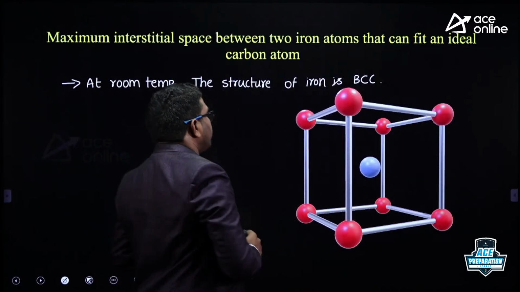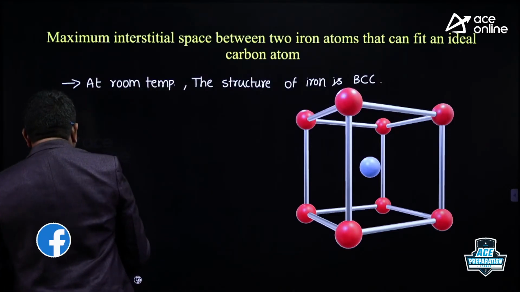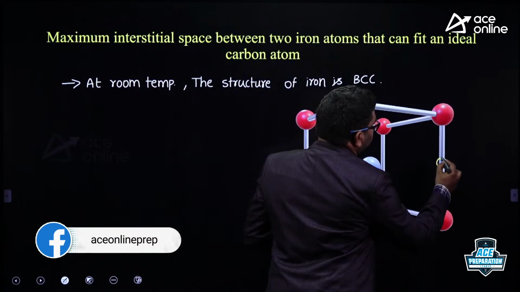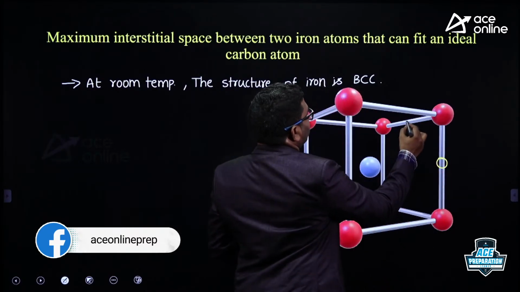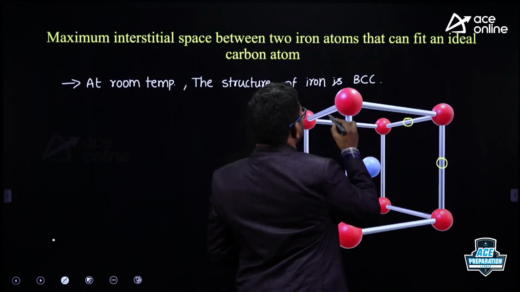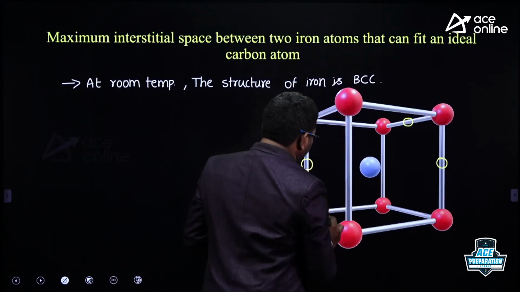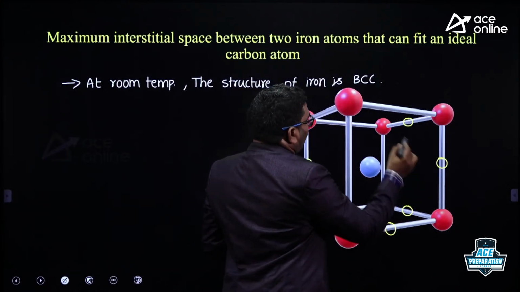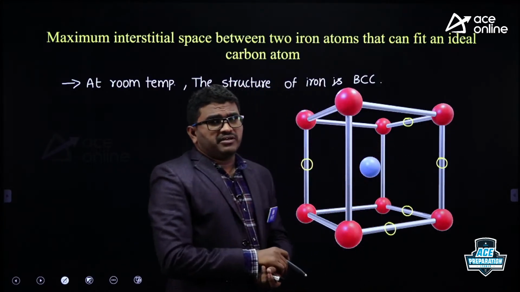So, if we add carbon to the iron, the carbon atom occupies like this, here, here, at all edges based on the percentage of carbon, right.